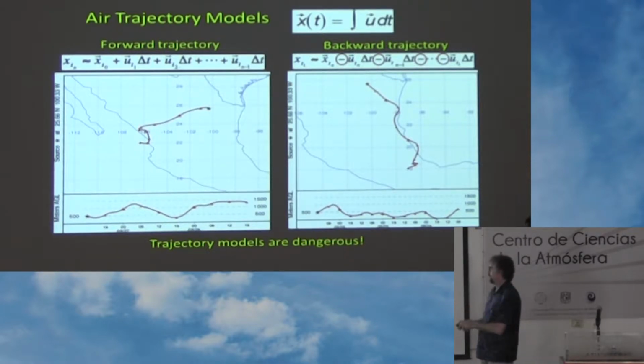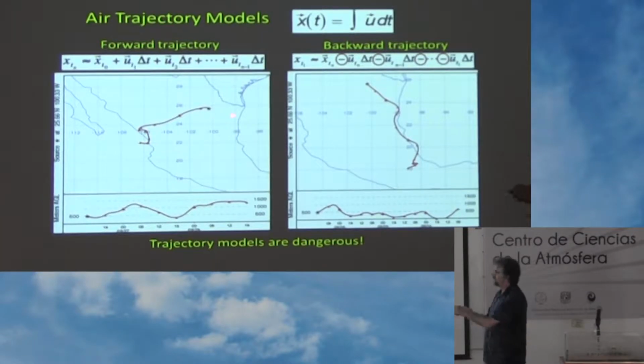So here's a result. So this is one particular trajectory that I calculated just to demonstrate. It starts in Monterrey, Mexico, and it shows that the air moves in this direction. Okay, and here something strange happens with the winds, so it does this. Now the atmosphere is three-dimensional. Winds are three-dimensional.